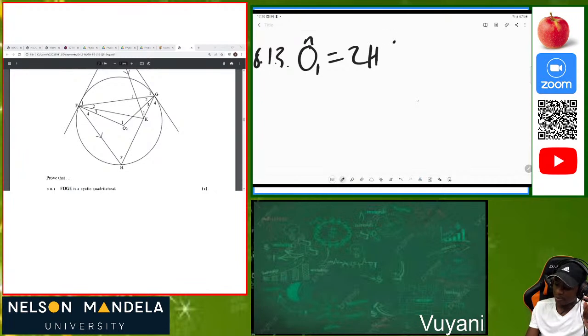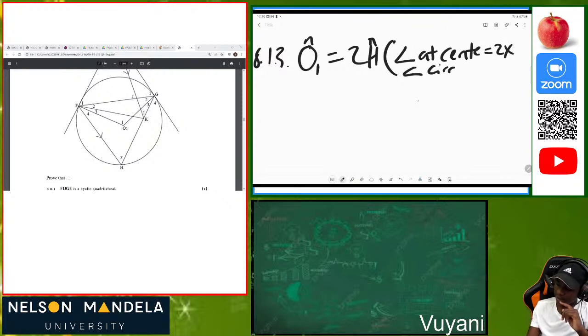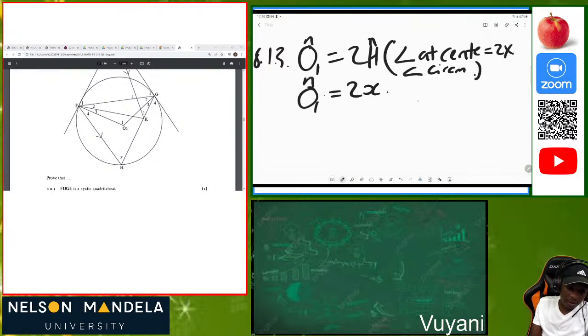Always know your theorems so that you can be helped. So we are saying that angle at center is equal to 2 times angle at the circumference. Do you see that? So now, what was our H? Our H was X. So we see that angle O1 is equal to 2x. Where is O1? So that you can see it.